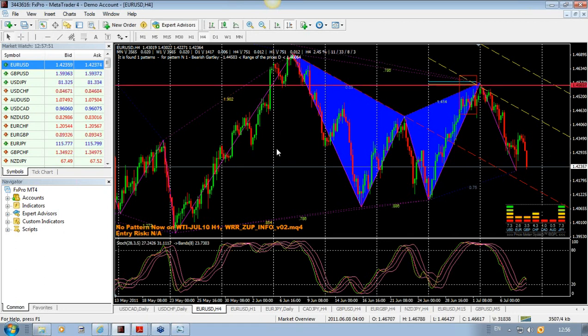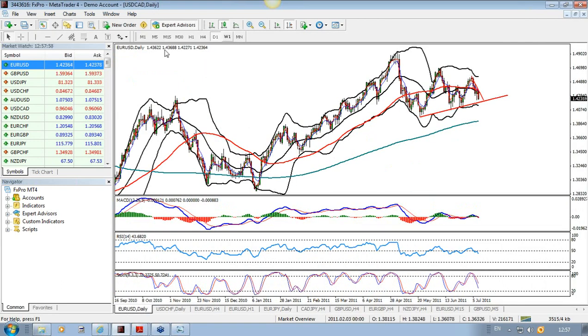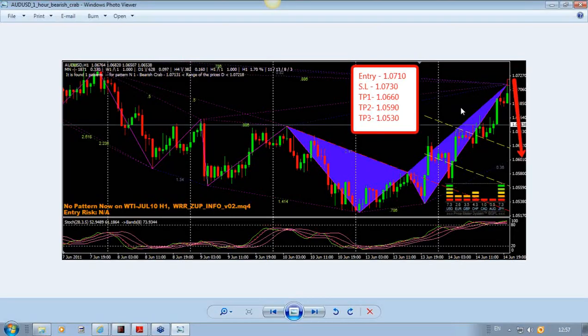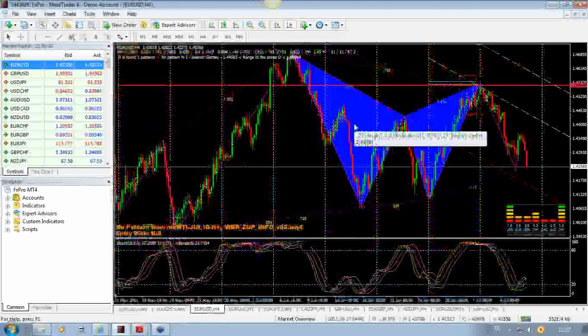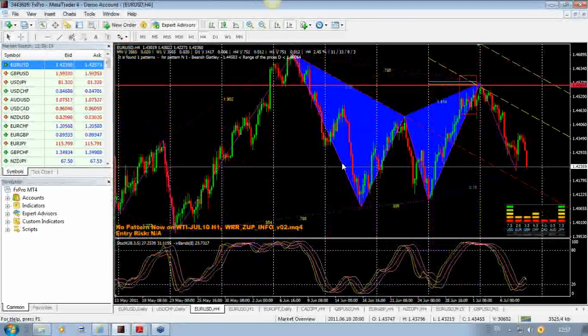Remember, this is critical resistance and also the daily trend line. So it was a very good trade. That's why we could take it, and we took it. And we still have the third target running. That's about the Gartley.